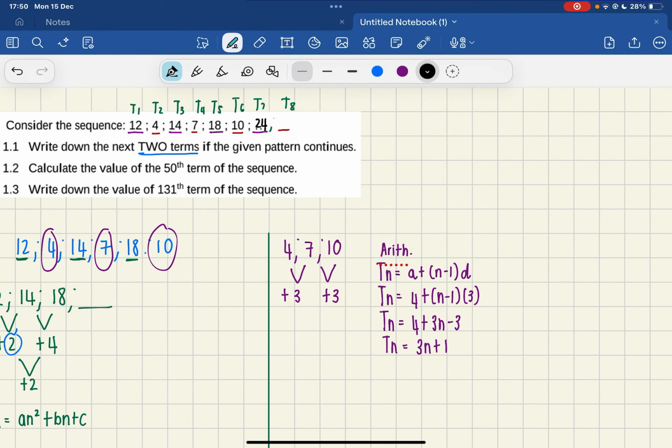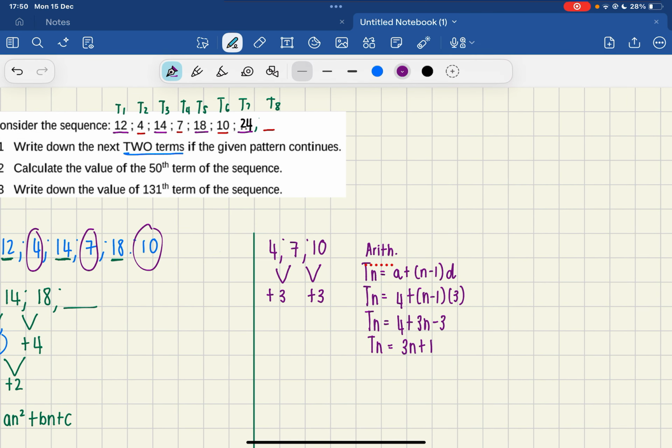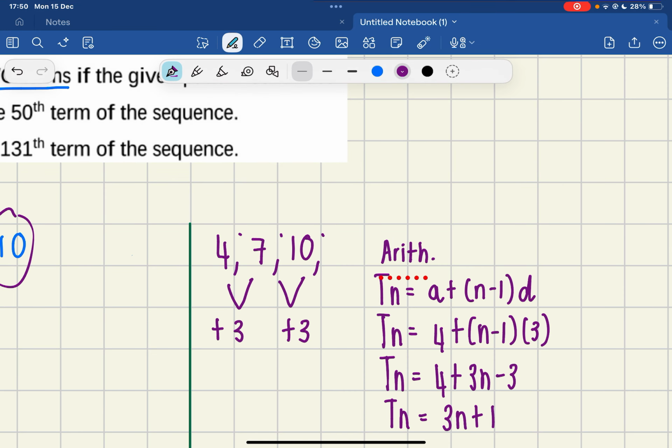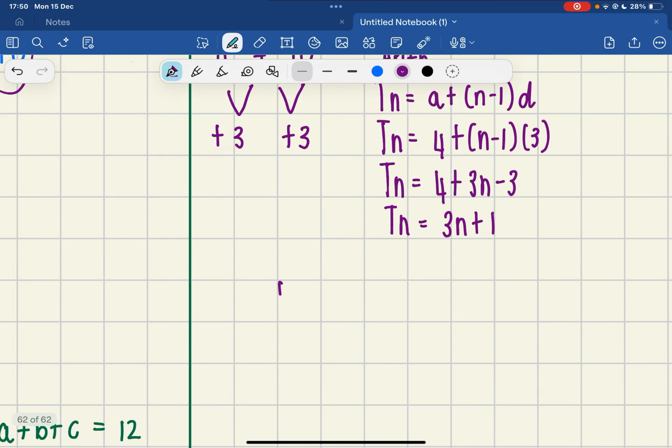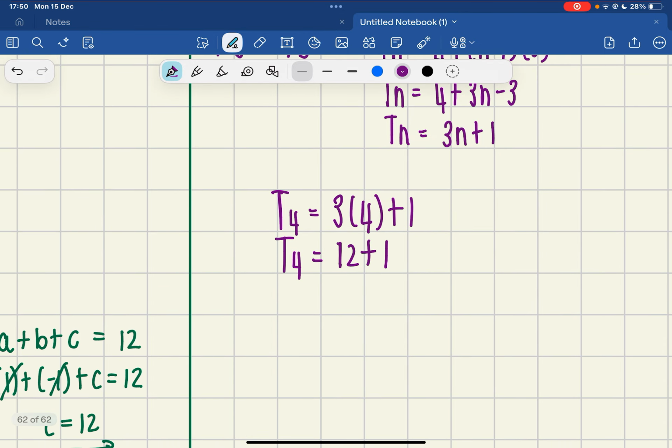Then when we move on to T8, as we said, it falls under the arithmetic part. So in the arithmetic sequence, it would be 4. Therefore, T4 is equal to 3 times 4 plus 1. 3 times 4 is 12, 12 plus 1, and T4 is equal to 13.